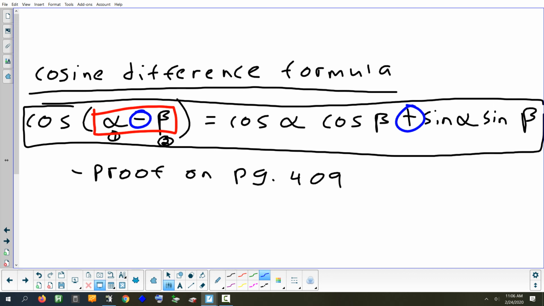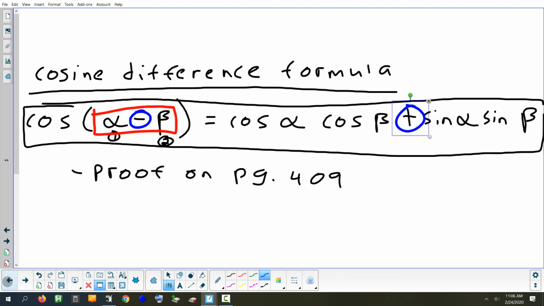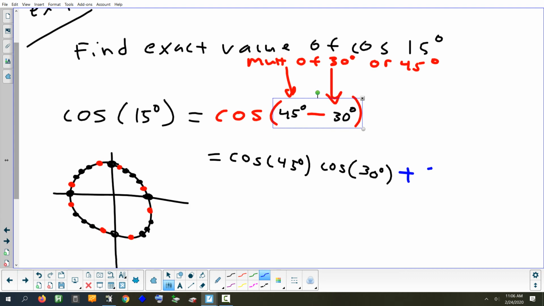When we get to the sine formulas, whatever symbol you have here is going to be the same here. But for cosine, it's a plus. So we're going to have plus sine of the first, sine of the second. So sine 45, sine 30.